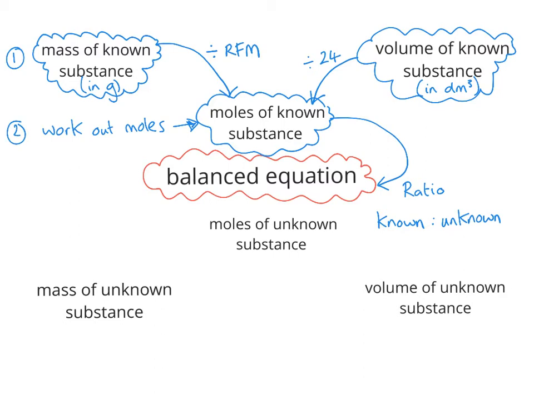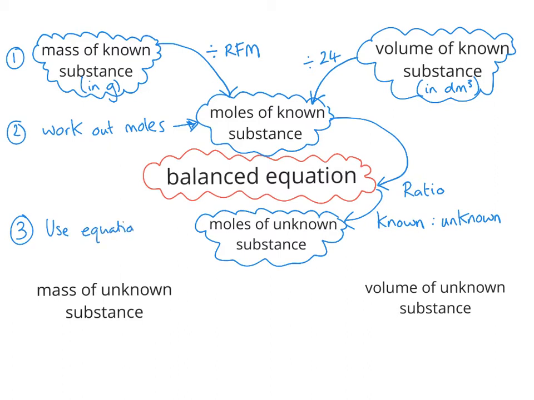So perhaps you look at the equation and you see that you know the moles of nitrogen and you want the moles of hydrogen because you need to know mass or volume of hydrogen. So it would be a 1:3 ratio and you times by 3. But we'll look at that in the example. Once we've done that, we then know the moles of the unknown. So that would be my step 3, is use the equation to work out moles of the unknown substance, the thing that we are trying to work out.